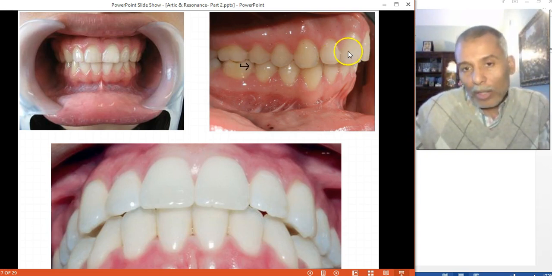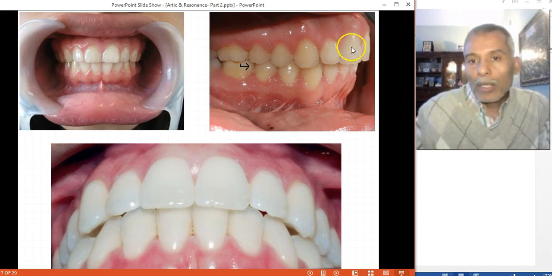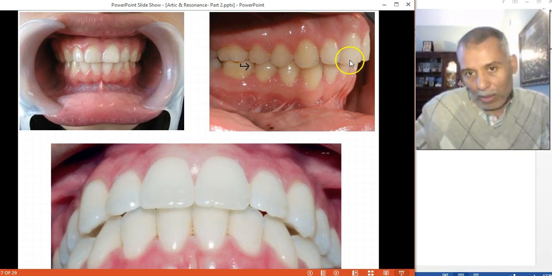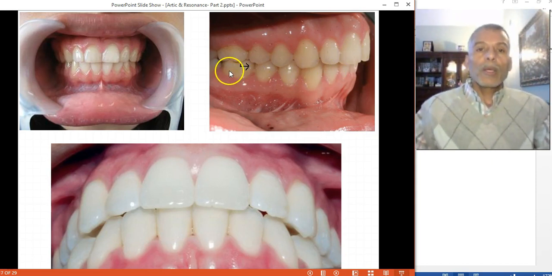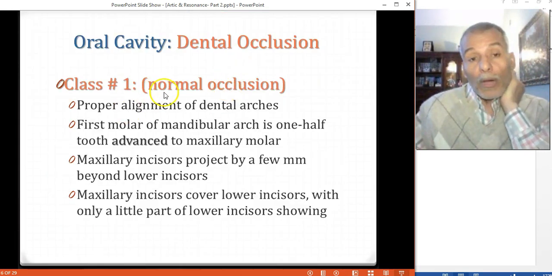And you could see how these maxillary incisors are covering the lower incisors. So that's our first important condition to identify what normal occlusion is. The first molar of the mandibular arch, or the first mandibular molar, is 1/2 of a tooth advanced to the maxillary molar.